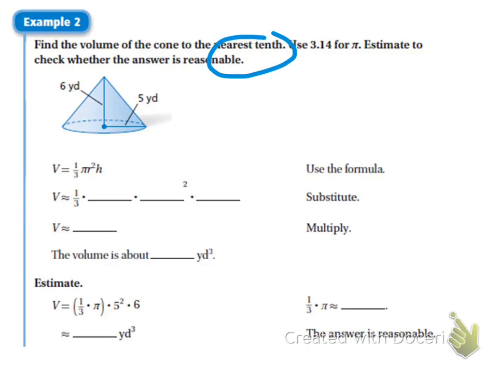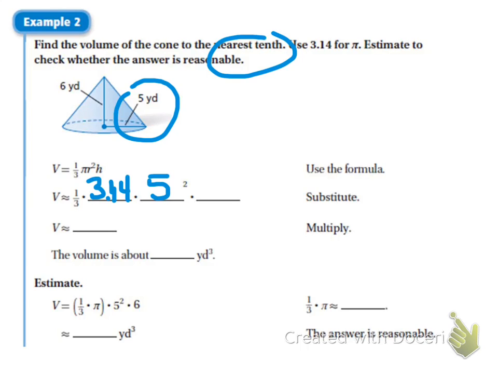It's a little bit trickier because there is a circular base, so we have to go back to the area of a circle times the height and divide by 3. So let's look at this. We have pi, we're going to input 3.14. Dylan, what's the radius? Radius is half, which is 5, so diameter would be 10.